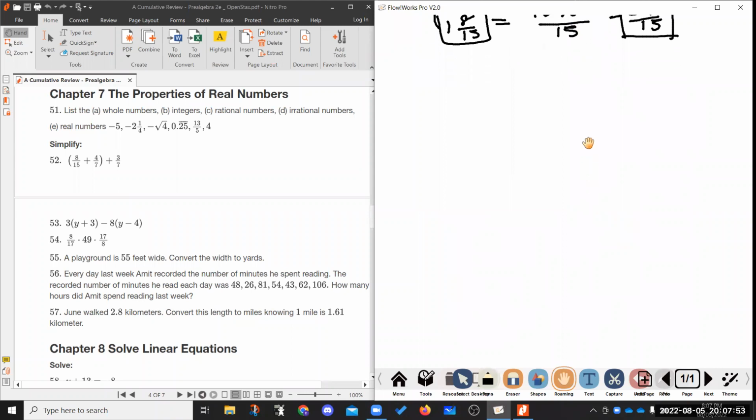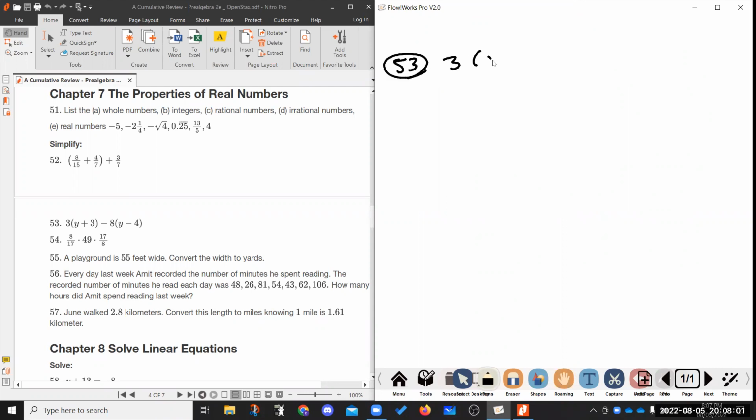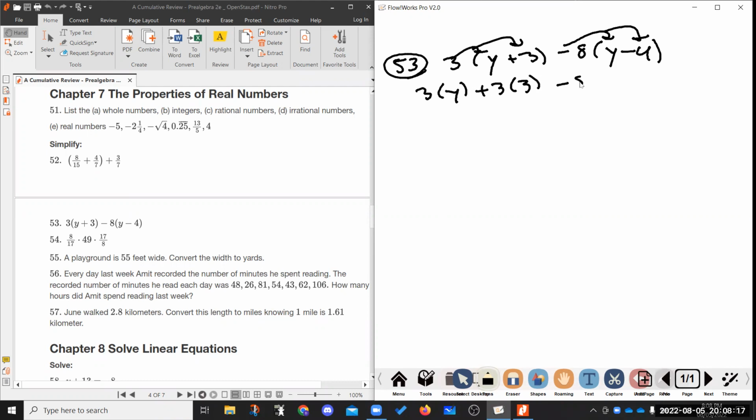Let's keep going here. For 53, it asks us to simplify 3 times (y plus 3) minus 8 times (y minus 4). So we're going to use our distributive property here. 3 times y plus 3 times 3 minus 8 times y minus 8 times -4.